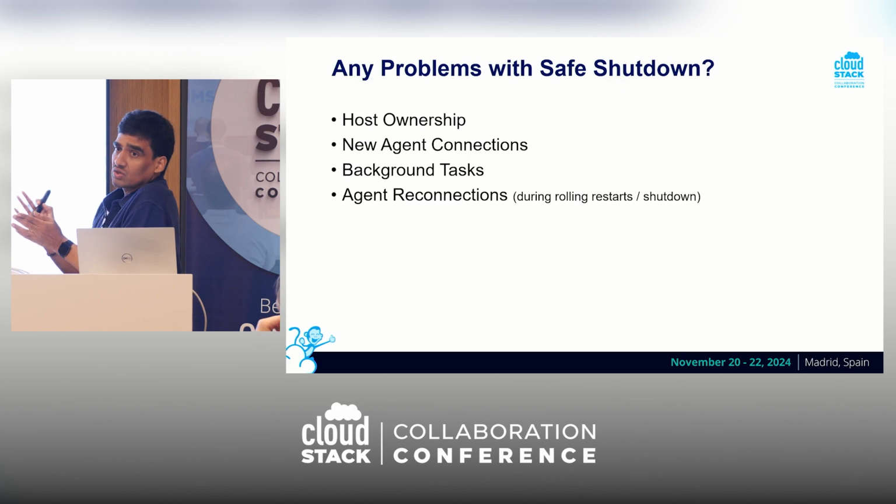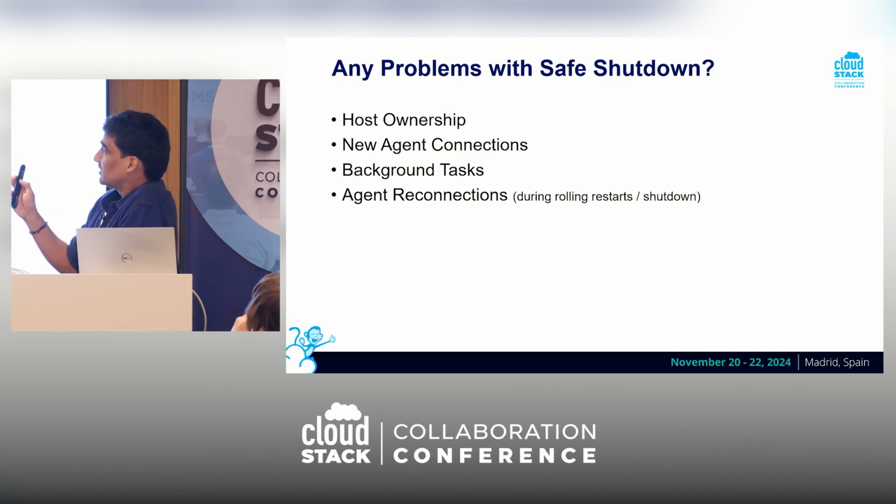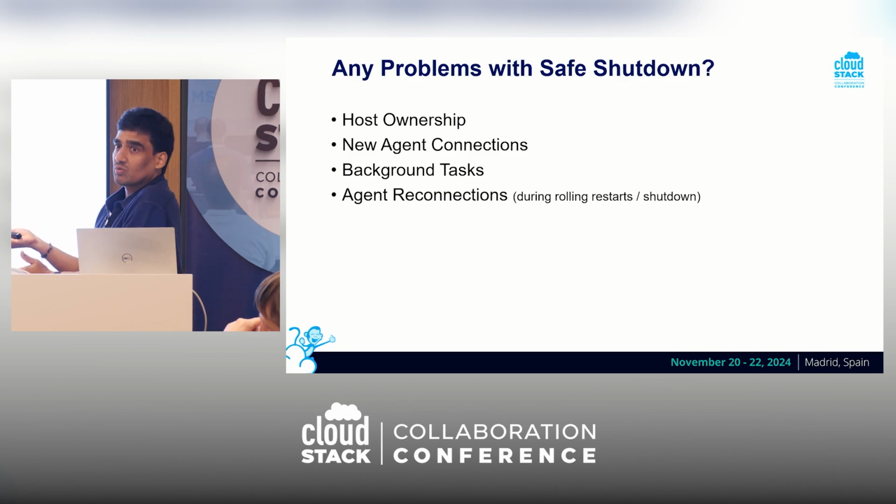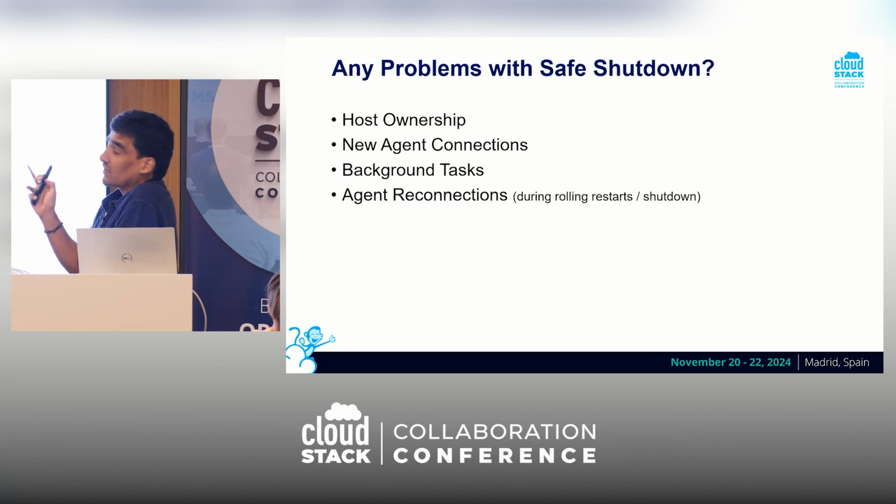All the jobs on that host are not allowed because that particular management server owns it. So other agents like SSVM, CPVM, or any KVM host can connect to that host even though it is ready to shut down. And there are some background tasks like agent monitor and agent rebalancing tasks which are still running in the background. They can rebalance to the ready-for-shutdown host.